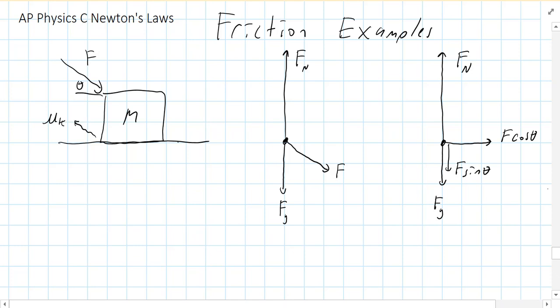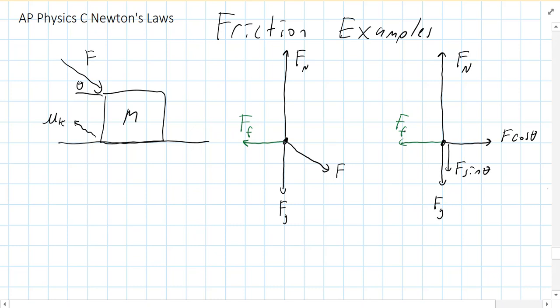Friction will oppose that motion and will point left. So we have to add friction into our FBDs, and it points left, so I don't have to break it down to components or anything. That's the one change from the previous problem.